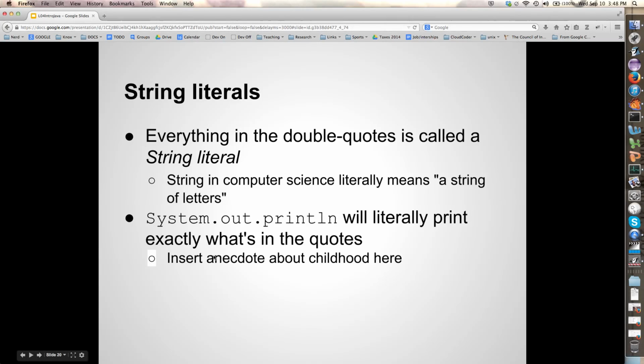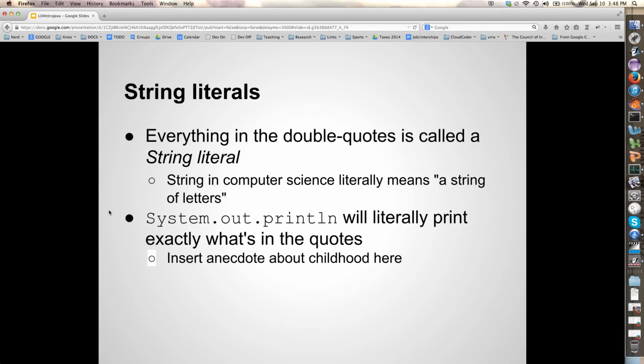The random anecdote from childhood I always use about quoting something literally. When you're a little kid, you're not supposed to say bad words. You're not supposed to drop F-bombs left and right because you're like 8. But a lot of times you'll have a grandparent, usually grandpa, who will use foul language in front of the children.